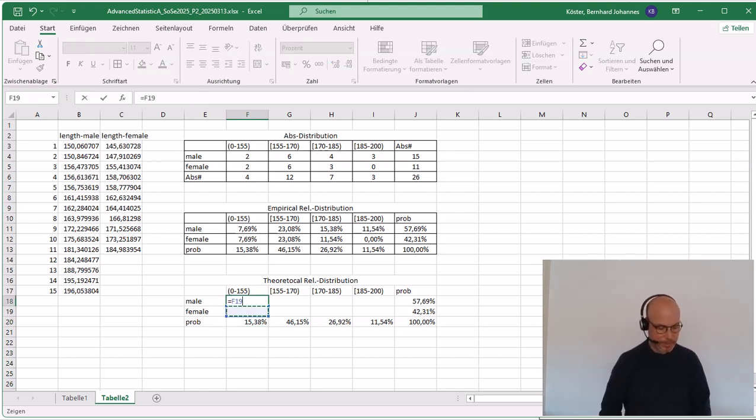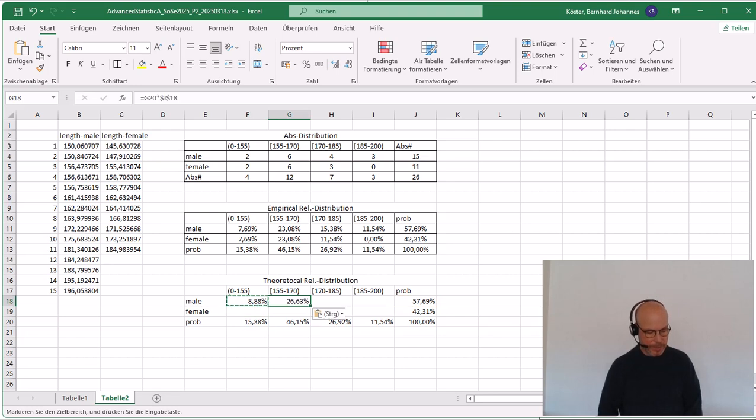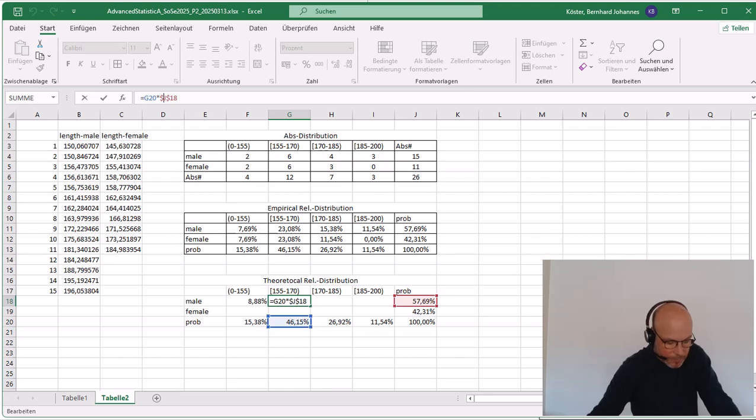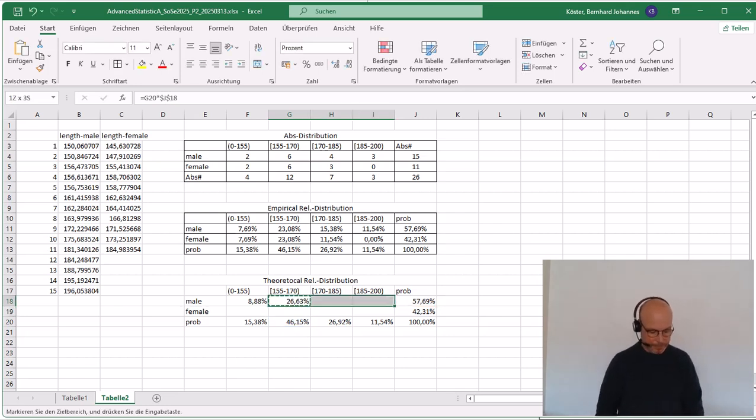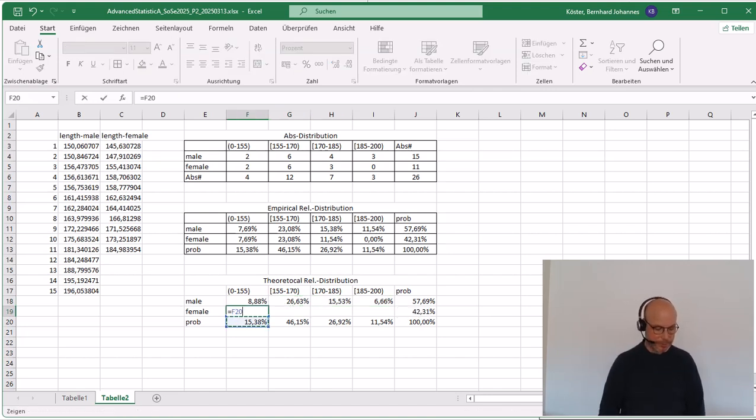So 15% times 57. And this, of course, we have to do for every column. So here we calculate then 46% times 57% and so on. And for the male people, of course, 15% times 42.